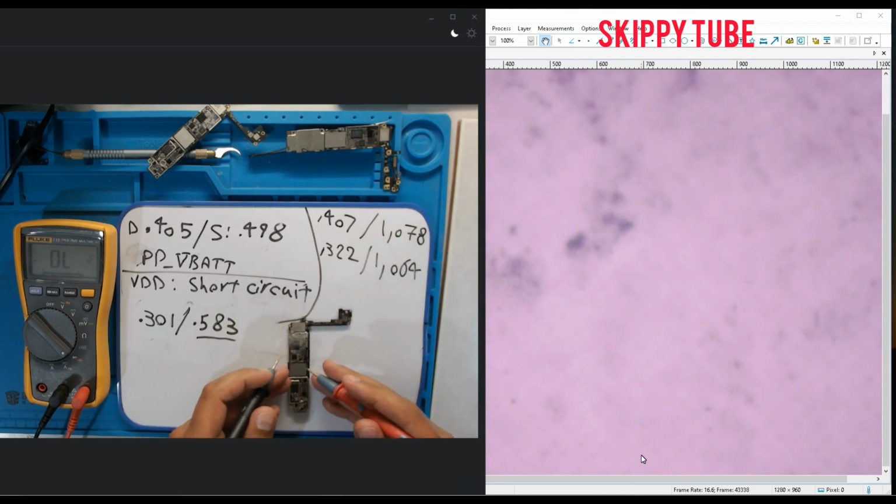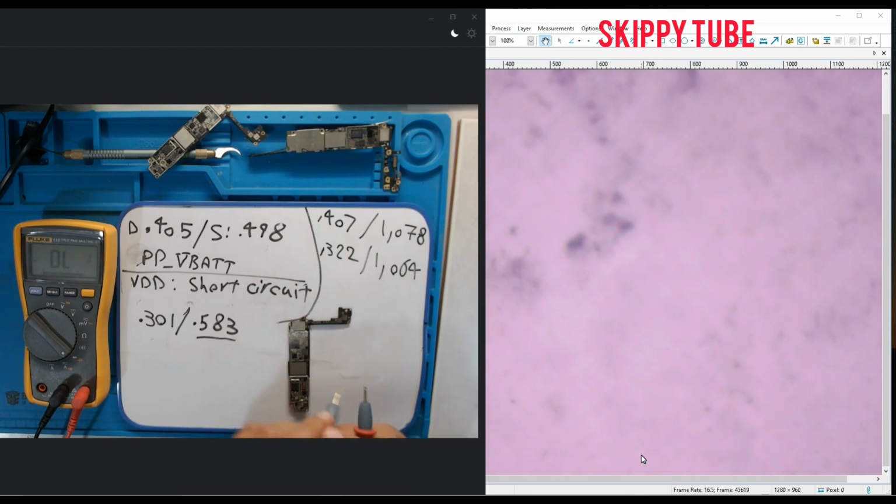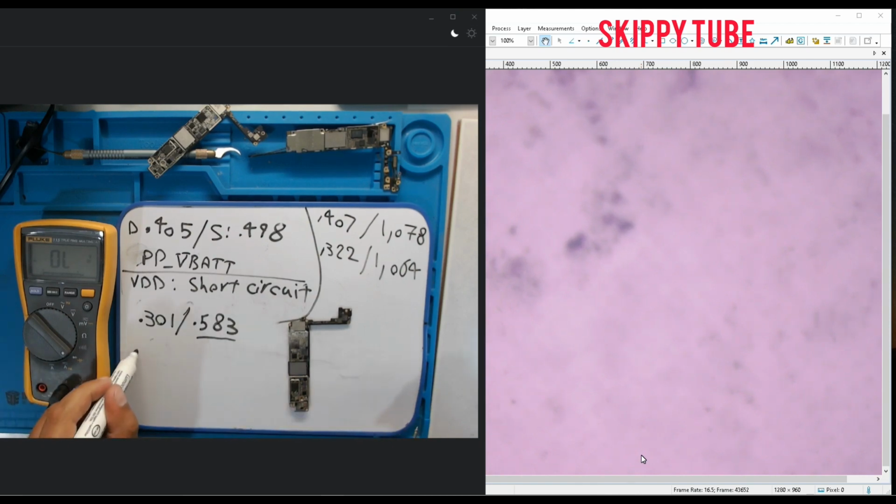Okay, because before I check, I don't want to take time to use the schematic diagram. This is the 1.8 SDRAM direction, showing 0.283. 0.283. Okay.